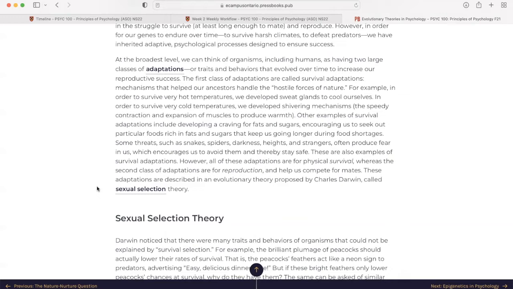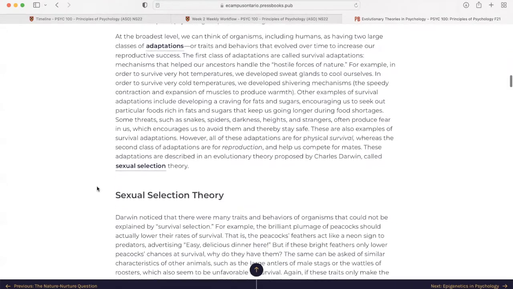For example, in order to survive very hot temperatures, we develop sweat glands to cool ourselves. In order to survive very cold temperatures, we develop shivering mechanisms, the speedy contraction and expansion of muscles to produce warmth. Other examples of survival adaptations include developing a craving for fats and sugars, encouraging us to seek out particular foods rich in fats and sugars that keep us going longer during food shortages.